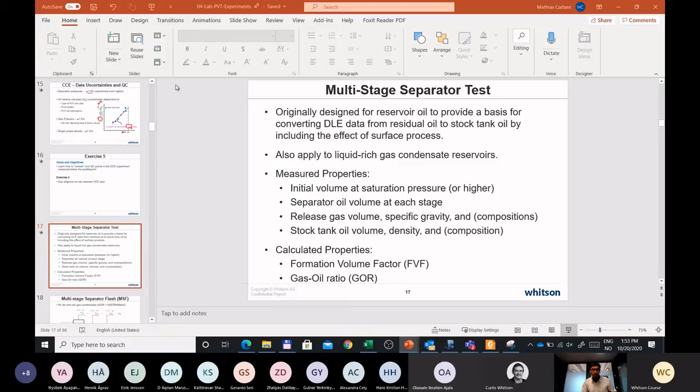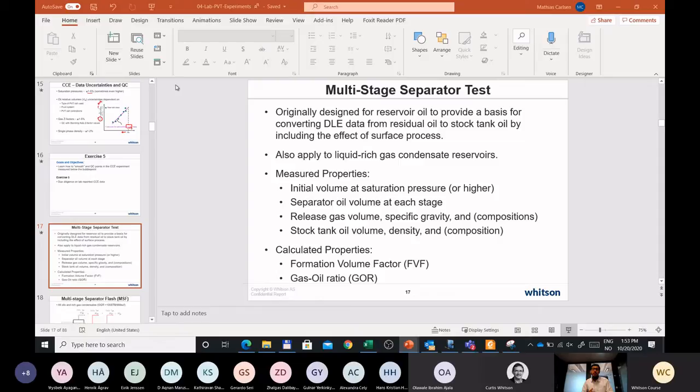Originally, this test, the multi-stage separator test, was designed for reservoir oil to provide a basis for converting the DLE data from residual oil to stock tank oil. And this is something we are going to do. We will do an exercise on this DLE data correction.